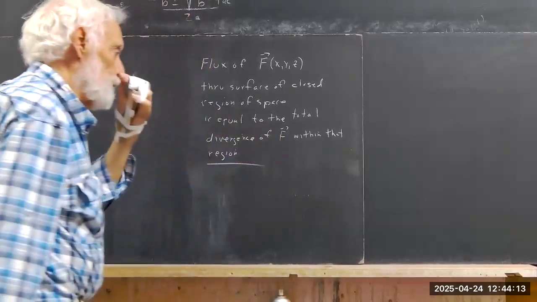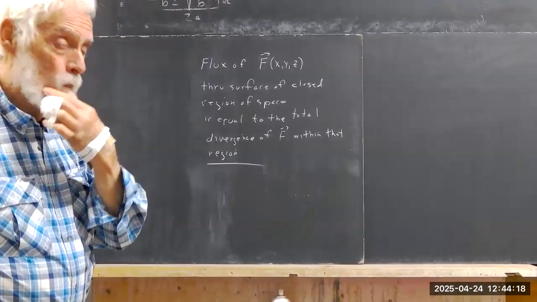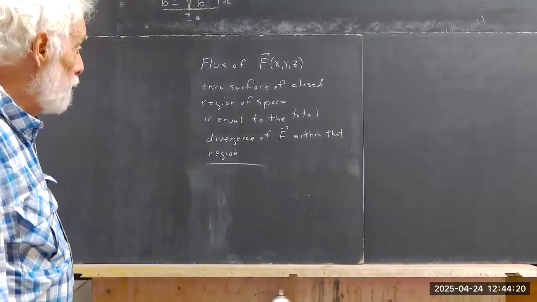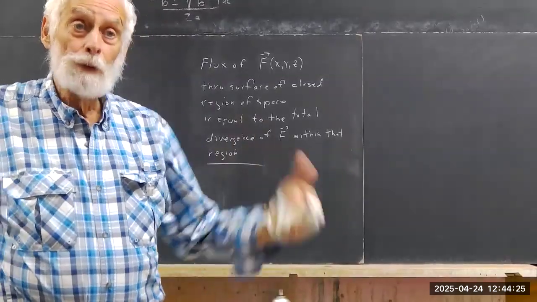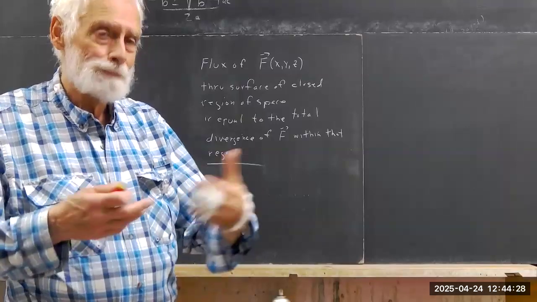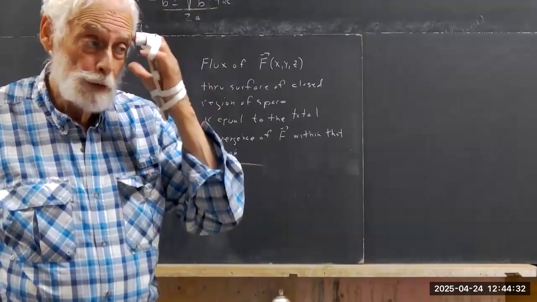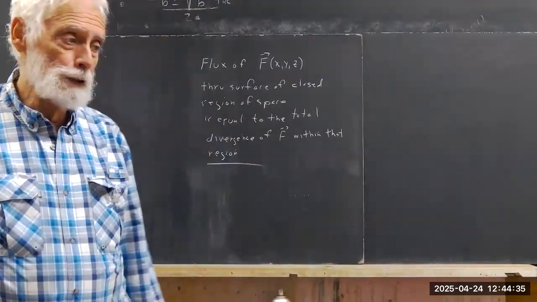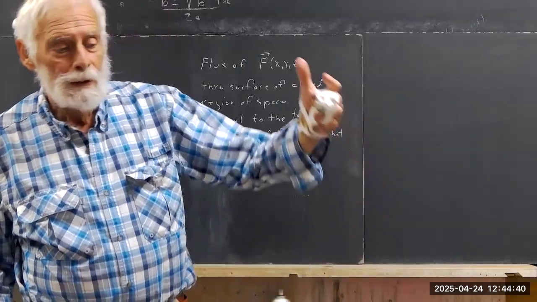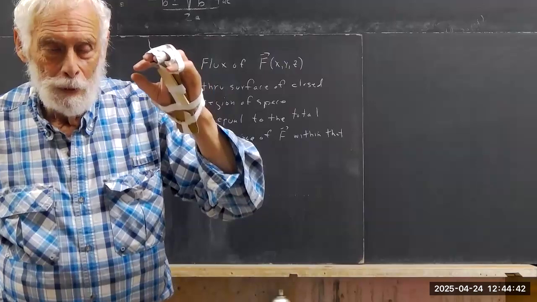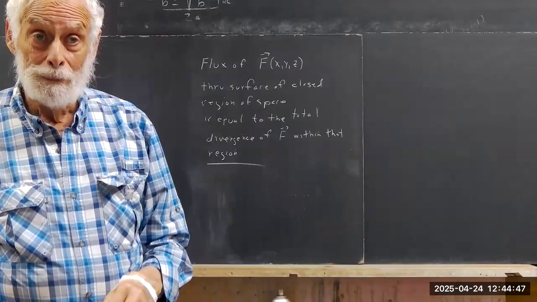is equal to the total divergence of that field within the region. So it's like how much light is shining through the boundaries of this region, after sufficient time has been allowed for the light to get to every point of the region, is the sum of the light produced by every source within that region, okay?